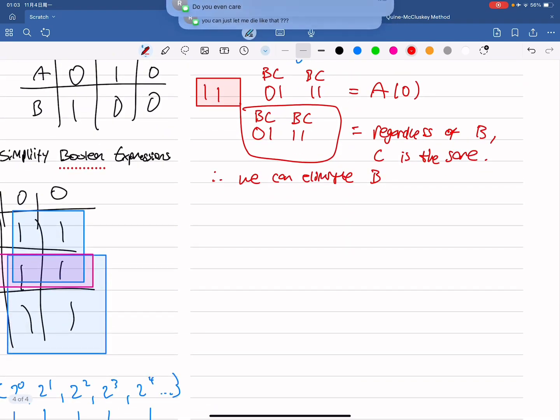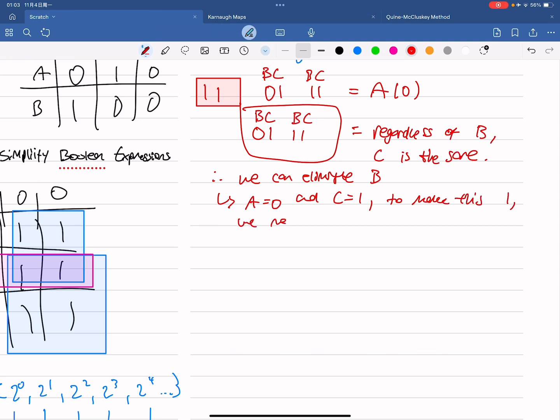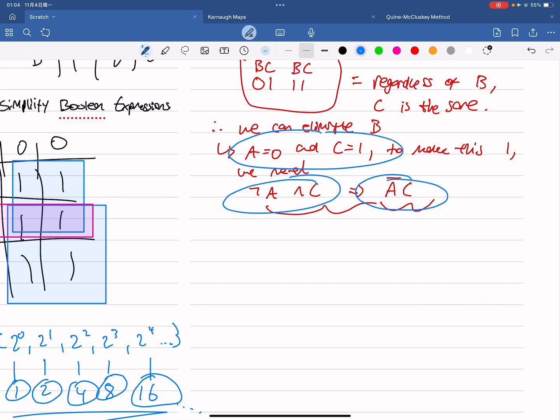So after this, if A is 0 and C equals 1, to make this 1, we need not A and C, which is also written as not A times C, right? This is the same thing. A equals 0, C equals 1. To make this 1, we need not A and C. Let me use a different ink. This is just all saying the same thing.